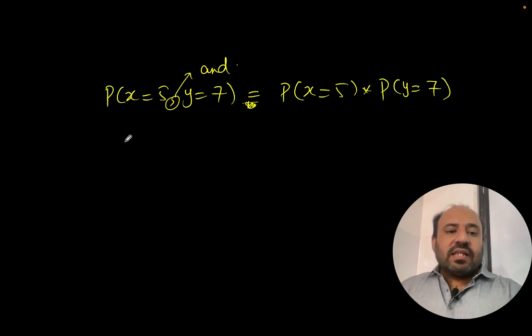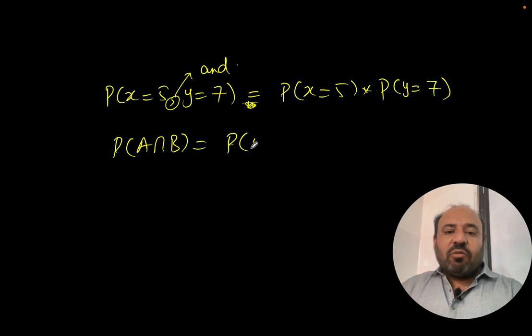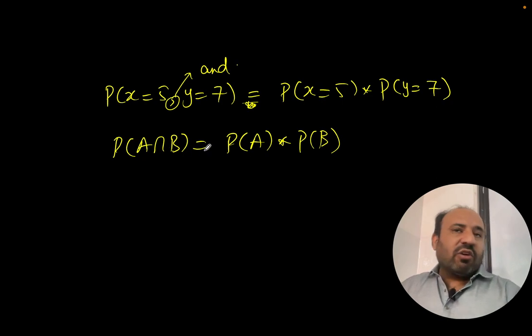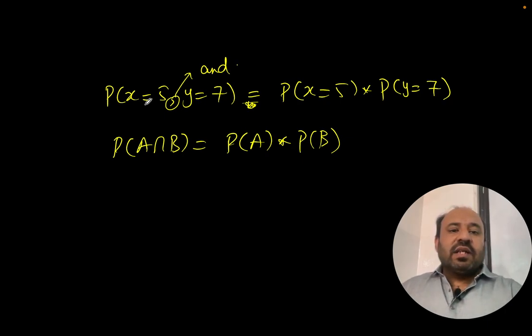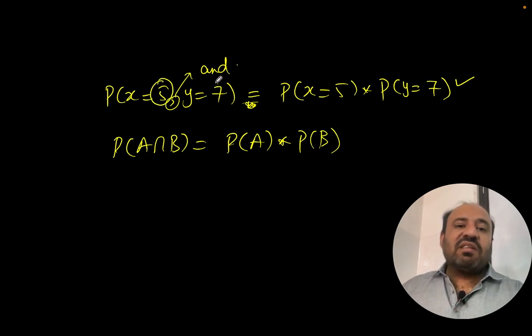Just like in events, if the probability of A intersection B is equal to the probability of A times the probability of B, then we say the events are independent. If the same is true for random variables, then we say the random variables are independent, but there is a catch. In random variables, we are not going to check just specific values.